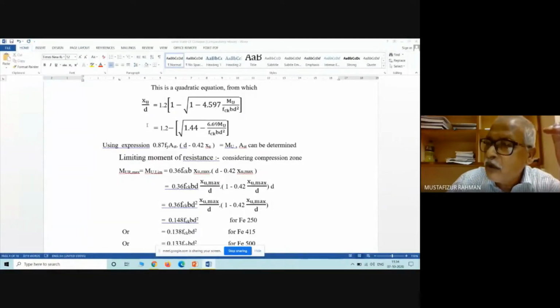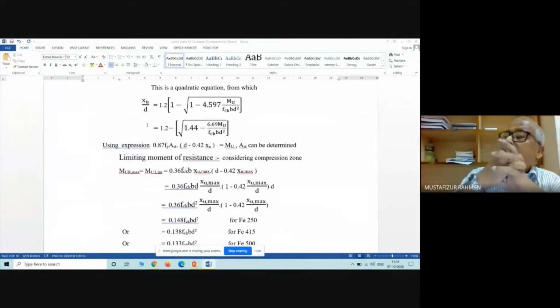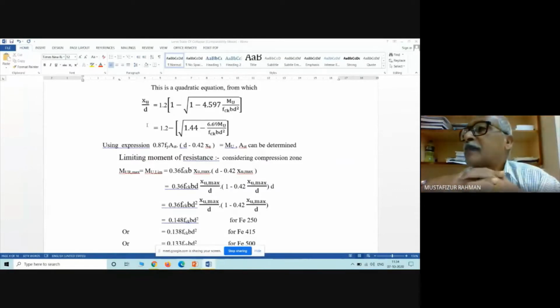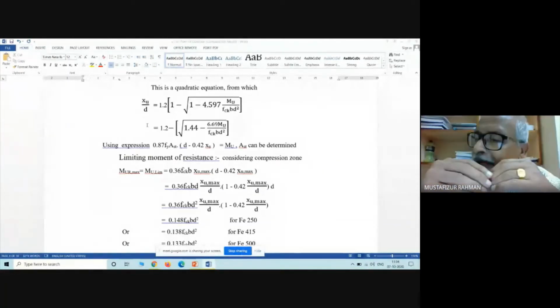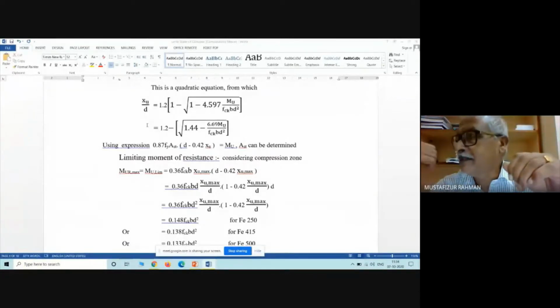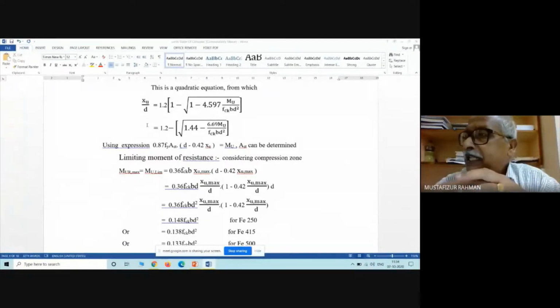Now if XU goes beyond that, the internal moment induced is going to be more than the external moment. So the complication will arise. What complication will arise? We'll discuss slightly later. The only thing is, if the neutral axis goes beyond this, what is going to happen? Now try to see the strain diagram.